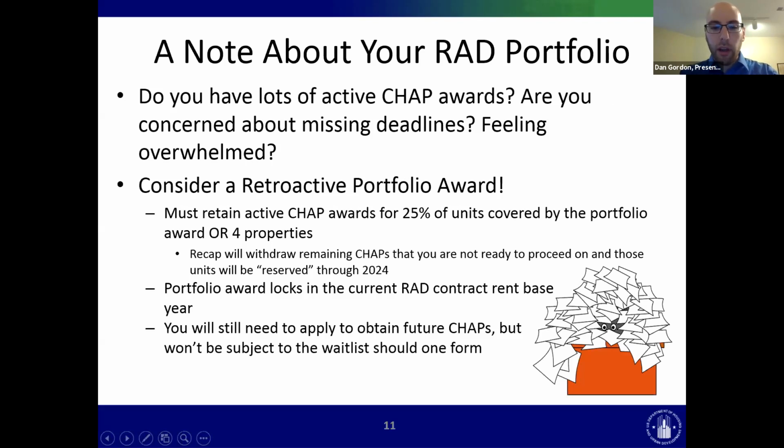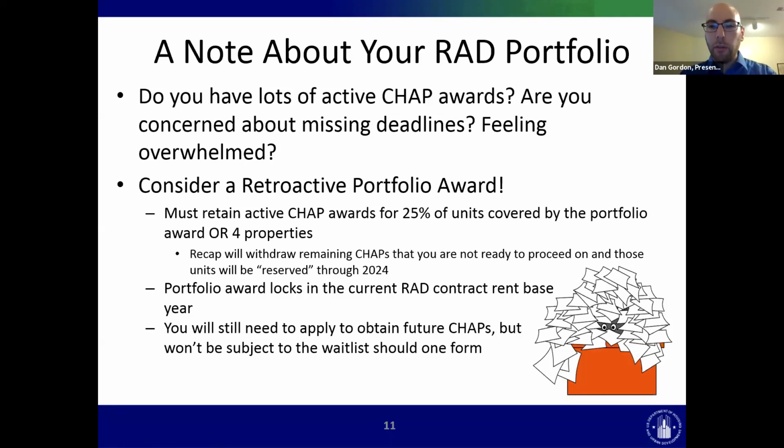Another thing you might request a CHAP amendment for is if you are interested in a retroactive portfolio award. You may be in the market for a retroactive portfolio award if you were super enthusiastic at the beginning and applied for 10 or 15 different properties, but you may find that you're having trouble meeting all of the financing plan submission deadlines, but don't want to give up your place in line or the units that you've reserved.